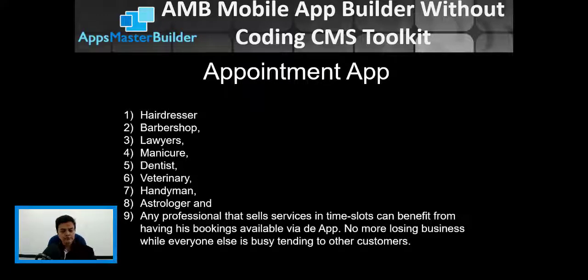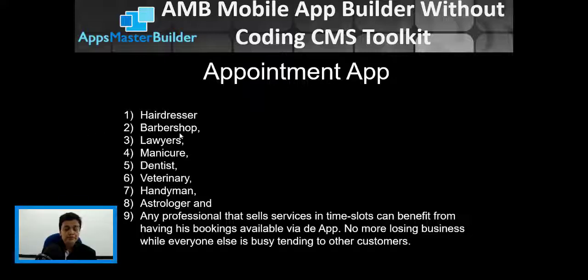So let's start. First and foremost, ladies and gentlemen, what I'm showing here is what type of apps that we could build. First, we can do a hairdresser. If you are a hairdresser, or you have a spa or salon, you can use this.